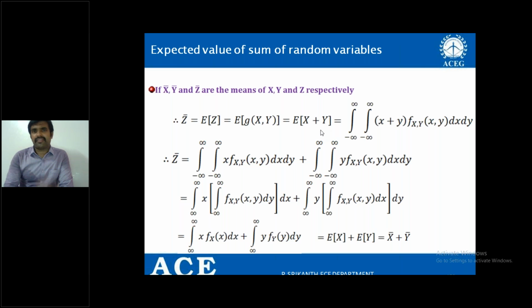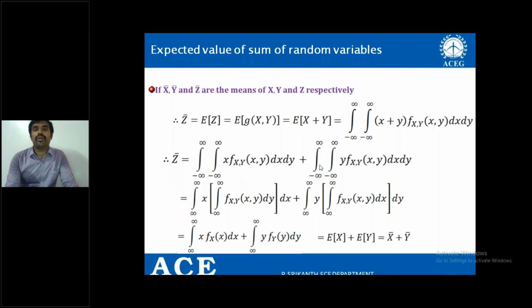The general representation of the expectation of the sum of two random variables, that is e of x plus y, equals the integral from minus infinity to plus infinity, the integral from minus infinity to plus infinity, of x plus y into f x comma y of x comma y dx dy. It is the joint density function of the two random variables x and y, right?